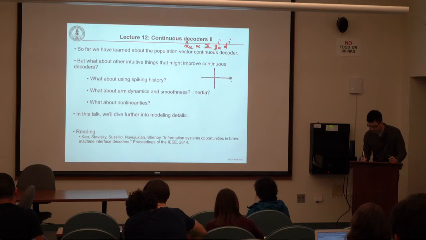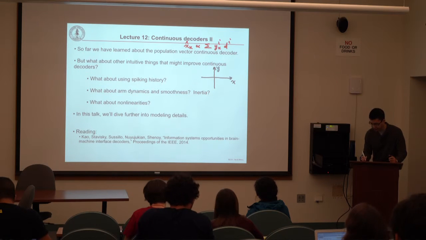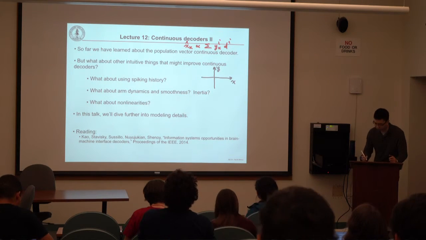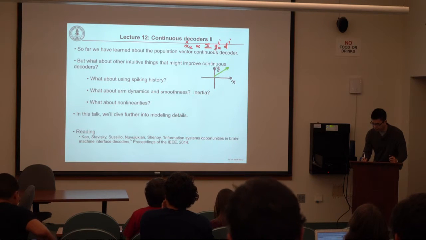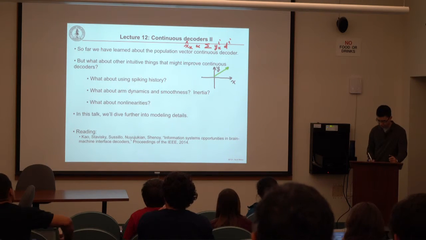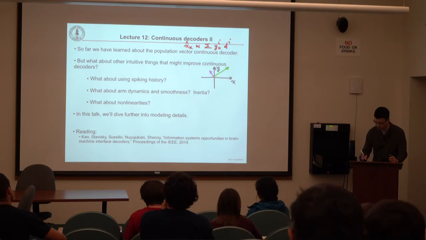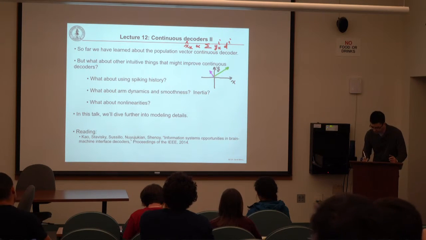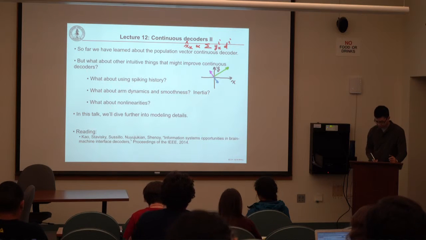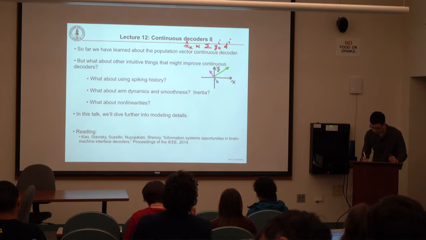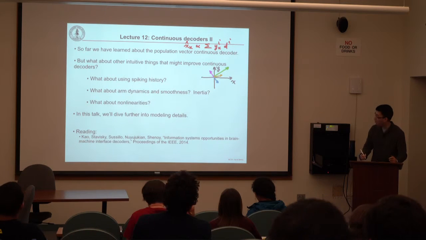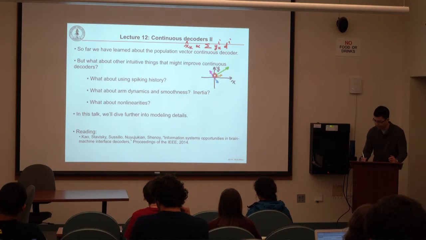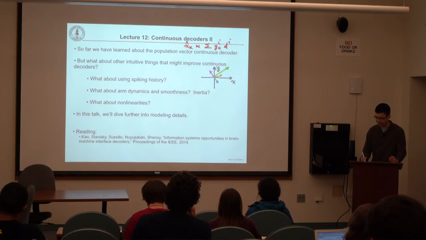If we have x velocity and y velocity here, we could say neuron 1, for example, votes for a velocity in this direction. Neuron 2 might vote for a velocity in this direction. Neuron 3 might vote for a velocity in this direction. And maybe neuron 4 votes for a velocity in this direction. Each of these vectors corresponds to y_k of i times d_i, where d_i is the unit vector direction, and y_k of i is the magnitude of that vector.